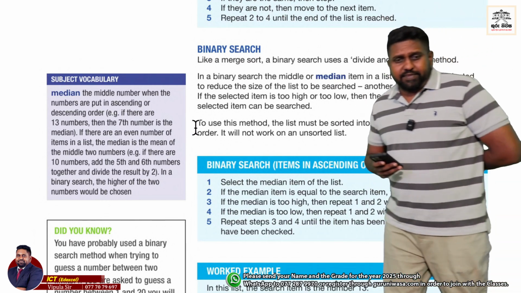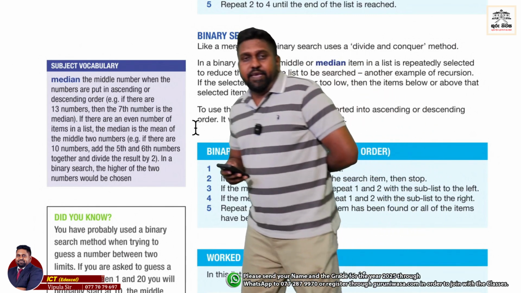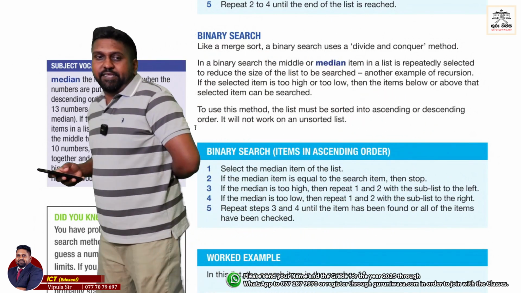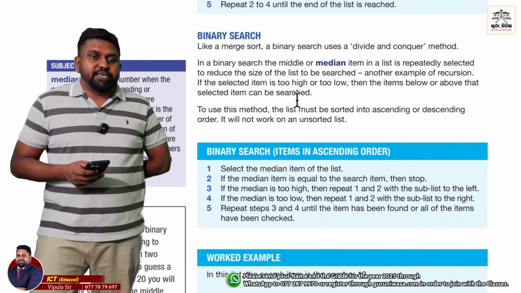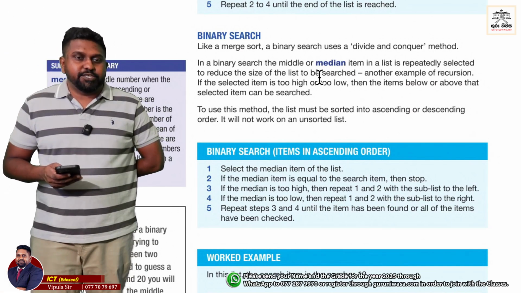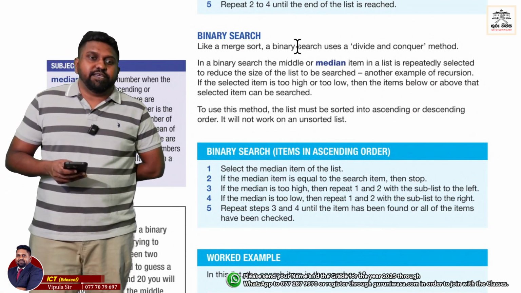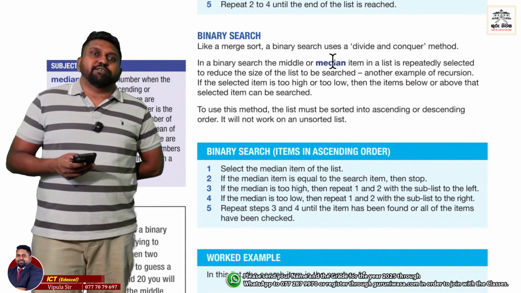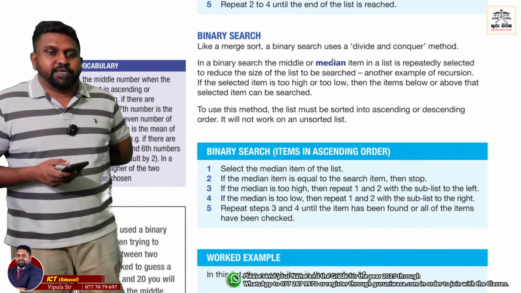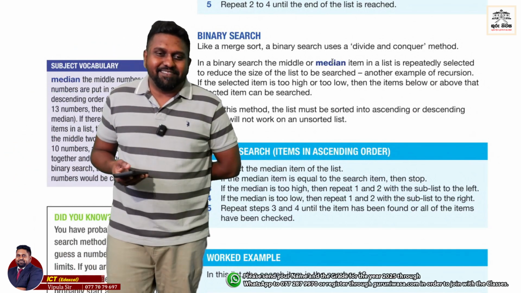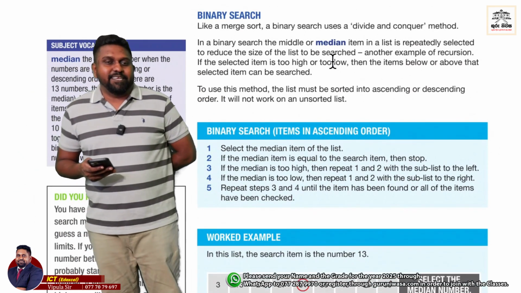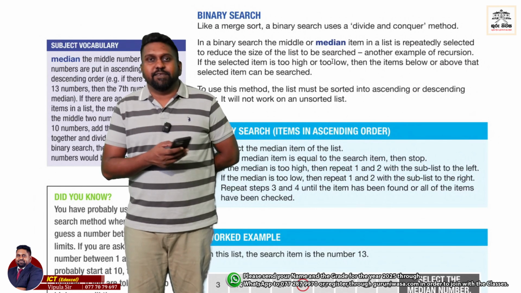So binary search works in a specific way, where it will first find the median item which is already there, and then it will search in a recursive way, where it will search for the higher number or the lower number. To explain this in a very simple way, let's say you first sort the list.